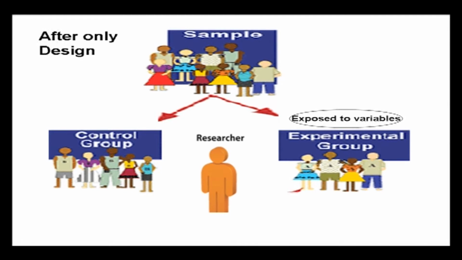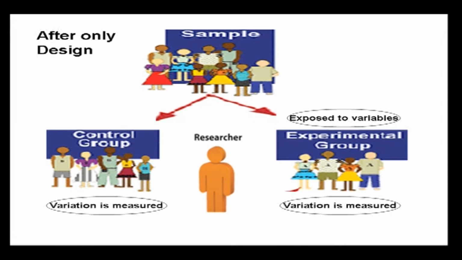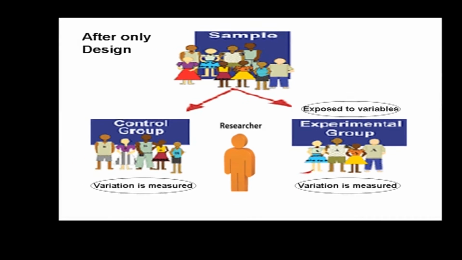The control group is not exposed to it. Both the groups are measured after the experimental variable is introduced on the experimental group only. The variation found or not found in the experimental group will determine the relationship between the two variables, either as positive or as negative.